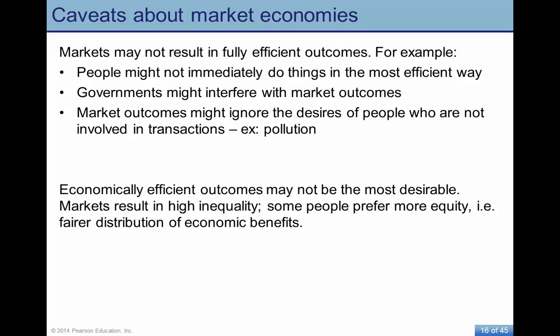For example, people might not immediately do things in the most efficient way. Government might interfere with market outcomes. Market outcomes might ignore the desires of people who are not involved in the transactions, as for example, pollution.